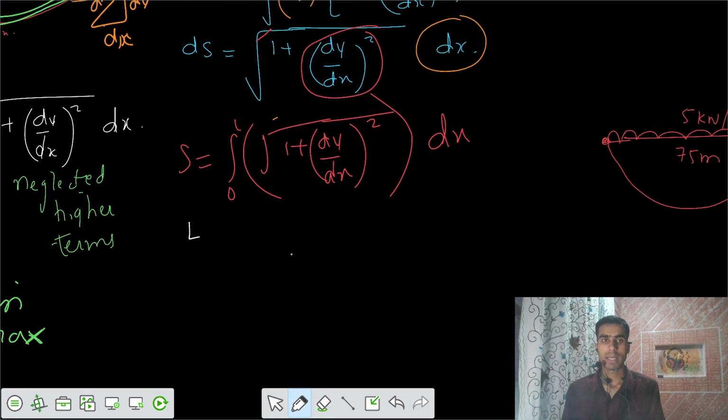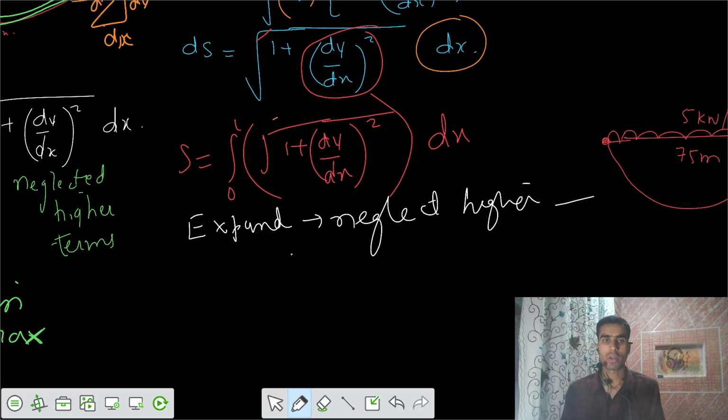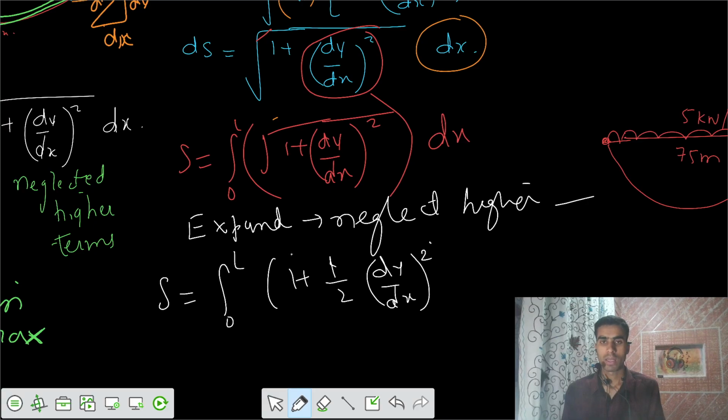If you expand it, after expanding and neglecting higher order terms, we get the relation that s is equal to integral 0 to L of 1 plus 1 by 2 dy by dx whole square, and this is your entire dx.